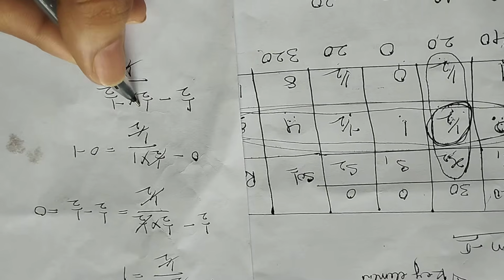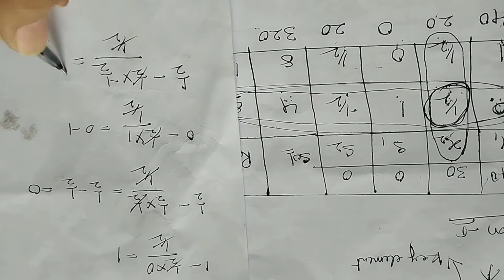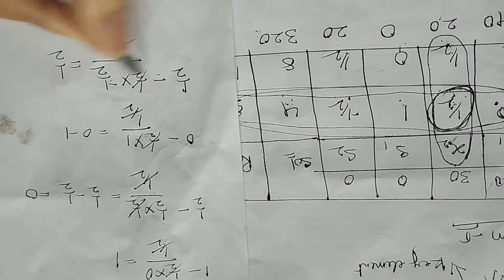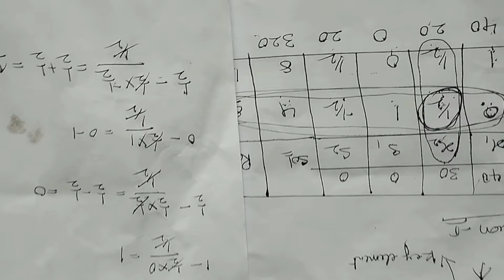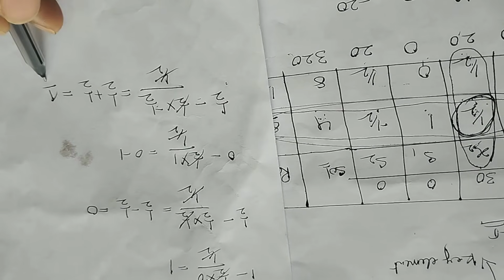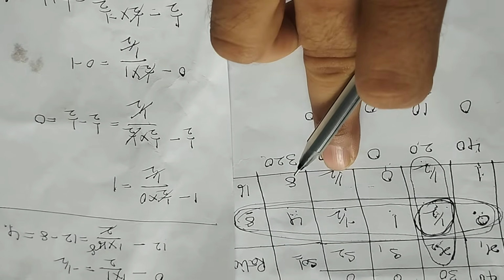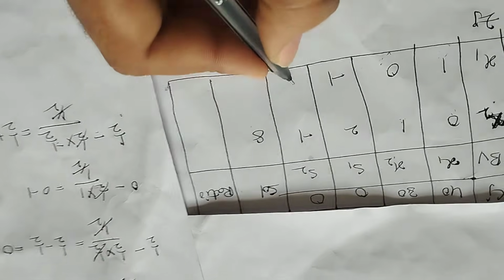This 1 by 2 and this 1 by 2 are cancelled. That is equal to 1 by 2 minus into minus, plus 1 by 2, which is equal to 1. So instead of 1 by 2, the new value should be written as 1.